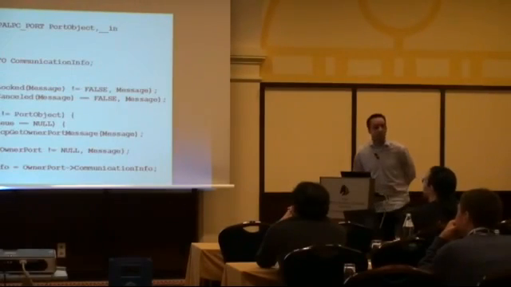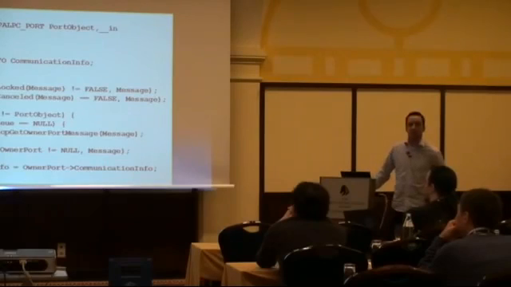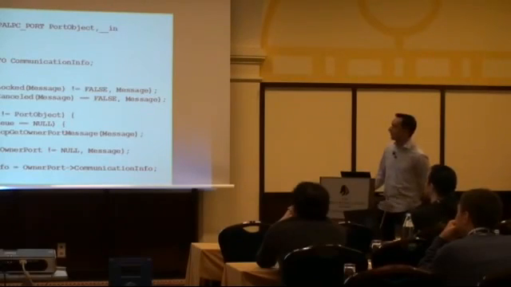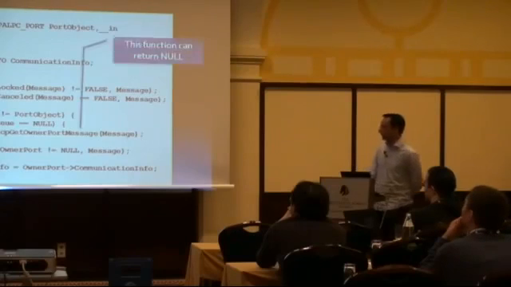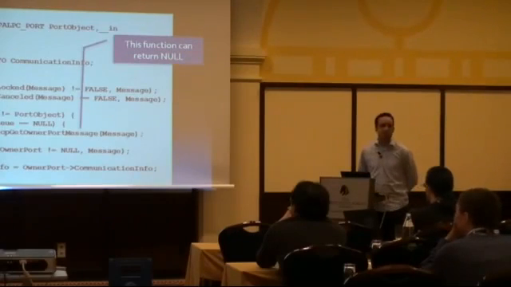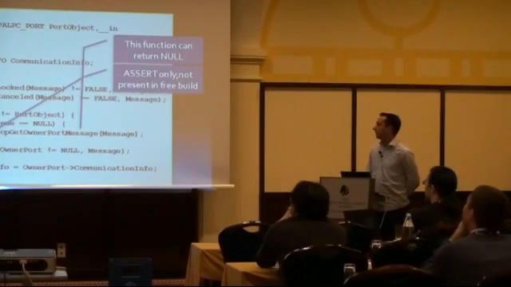ALPC. I can tell you, this is a bit difficult because you don't know the definitions of AlpcpGetOwnerPortMessage. So basically, this function can return null. The assert is not being executed.